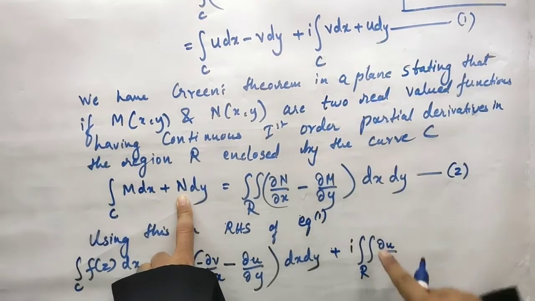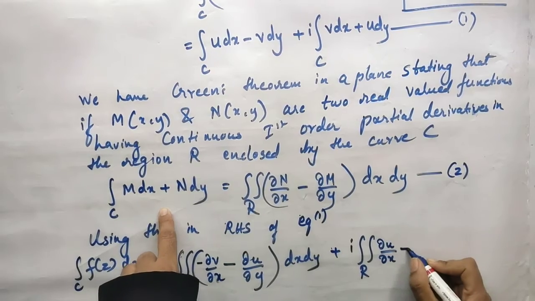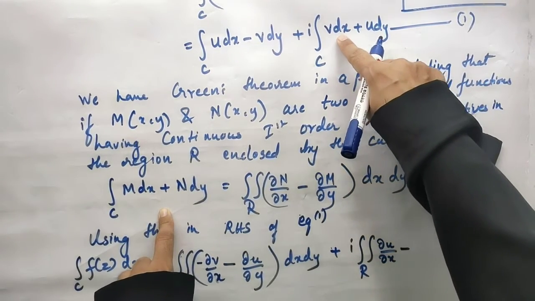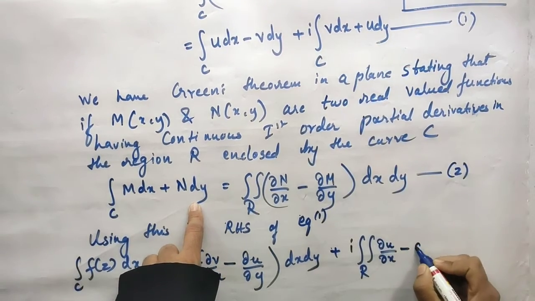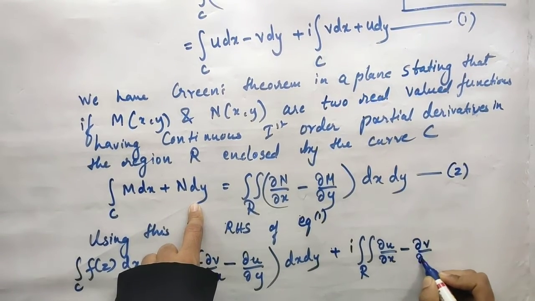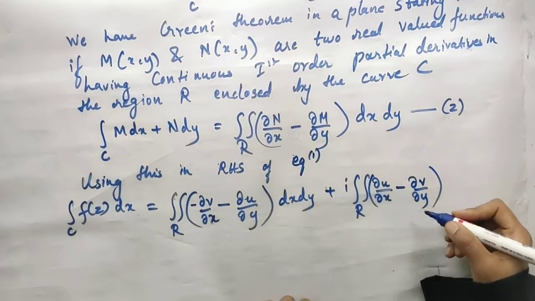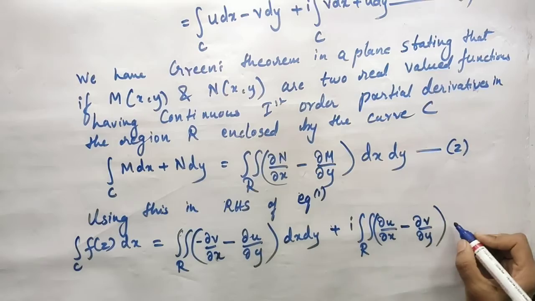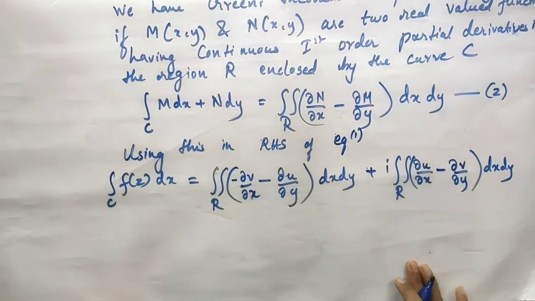So it will be dou u by dou x, because it is dou n by dou x over here, minus, now the coefficient of dx is v here, like how it is m over here. So it will be minus dou m by dou y, which is replaced by dou v by dou y, because in place of m we have got v, dx dy. This is what you get.